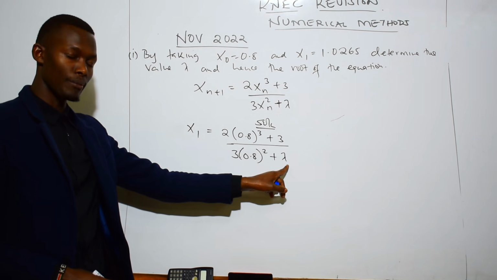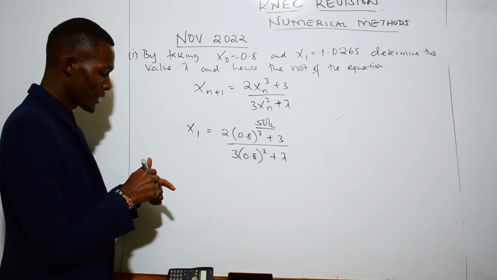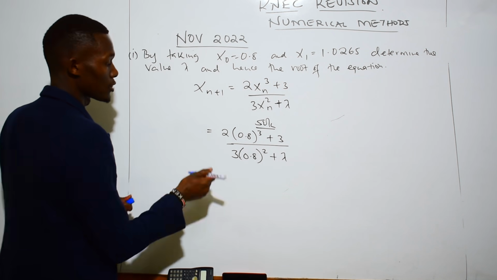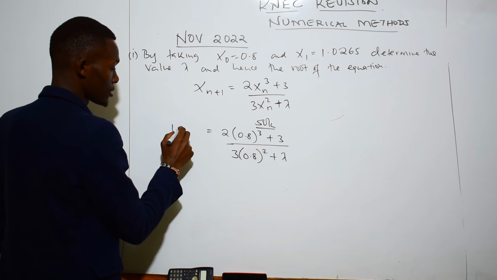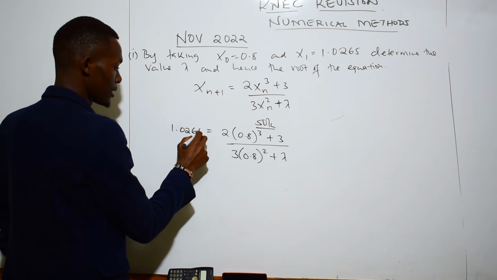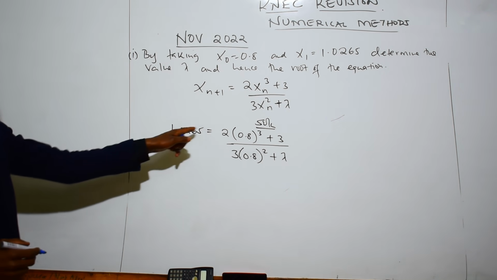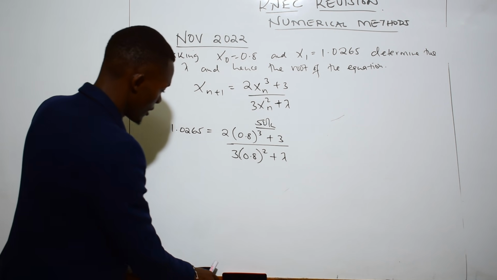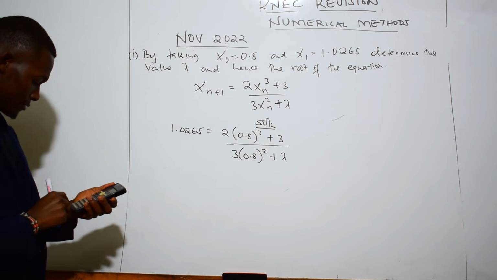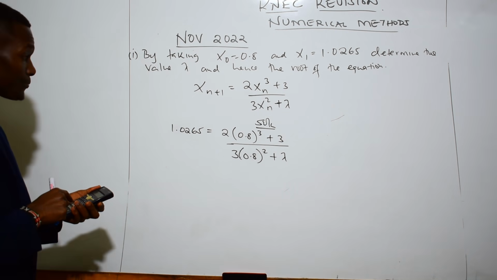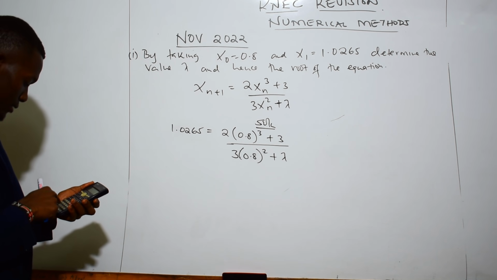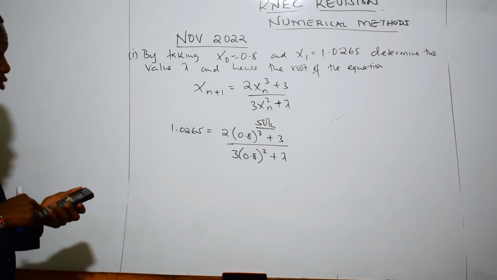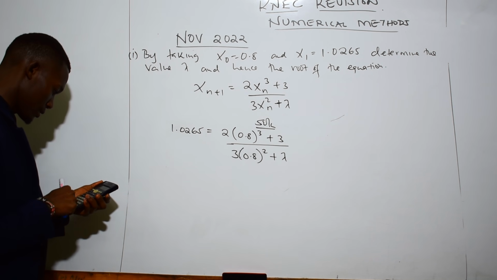Now we don't know the value of lambda here. Now replace the value of x1 since it is already known. Now we have this one to be 1.0265. Now just expand the numerator and denominator and find the values. So we shall have 0.8 cubed, then you multiply by 2, then you add 3.